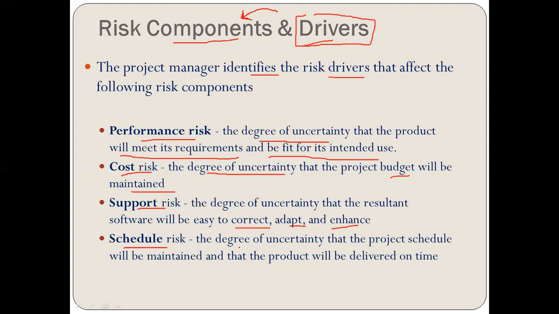And schedule risk, again, the degree of uncertainty that the project schedule will be maintained and that the product will be delivered on time. So these are the risk components which are hampered or threatened due to the risk drivers.